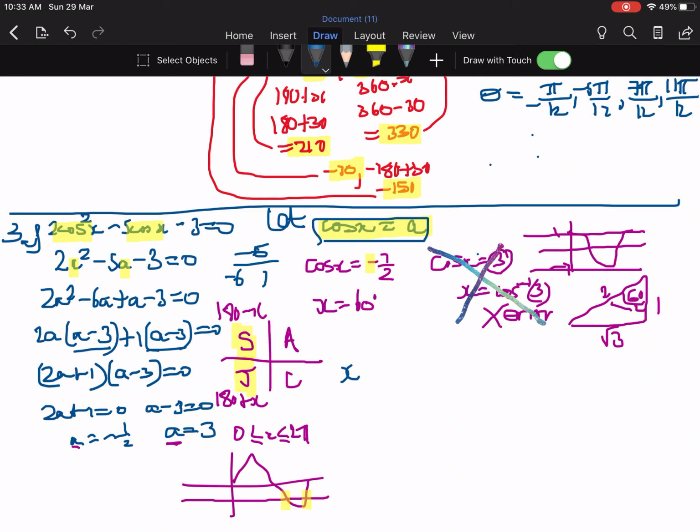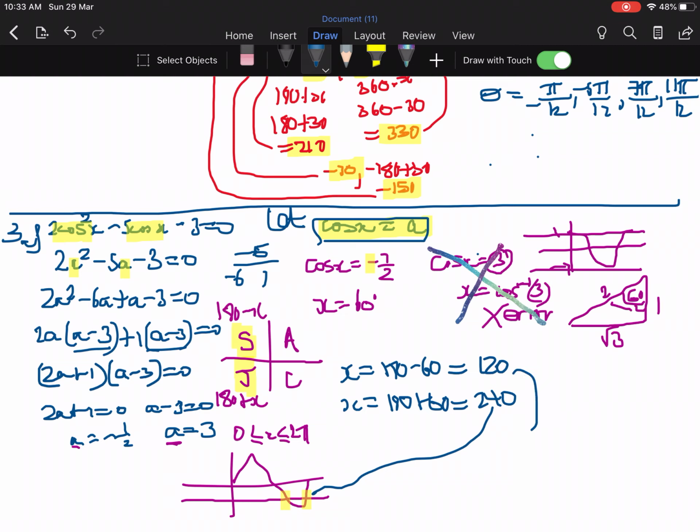So x is equal to 180 minus 60, and x is equal to 180 plus 60. So that equals 120, and that equals 240. So 240 is this one, and 120 is this one. And that's it, because that's in the range of 0 to 2 pi. So those are my answers.